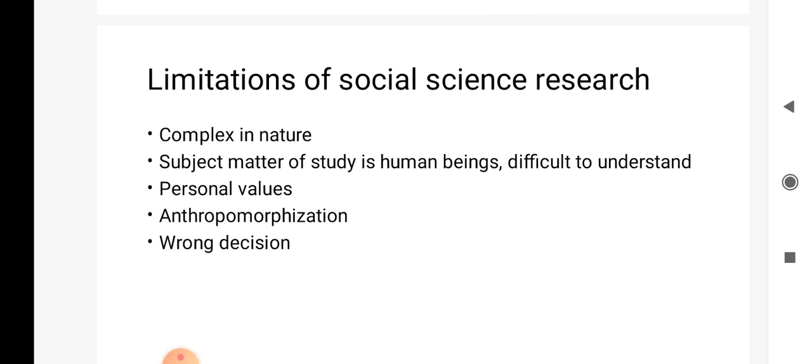It is complicated, that is, the various social issues, like if you consider women harassment or child marriage or child abuse, finding a solution or analyzing the problem is not that easy, because the situations vary from individual to individual, from place to place. So you cannot that easily generalize the various causes and effects of it. So it is very complicated in nature.